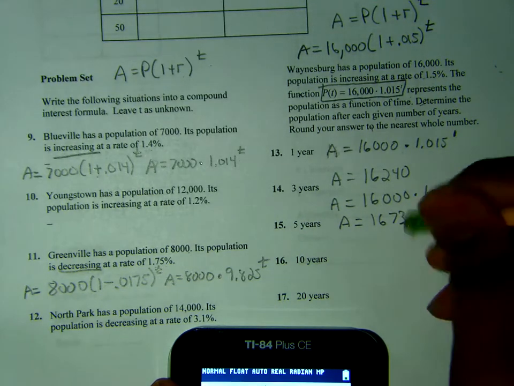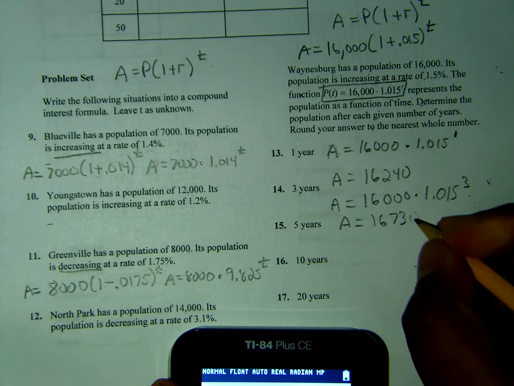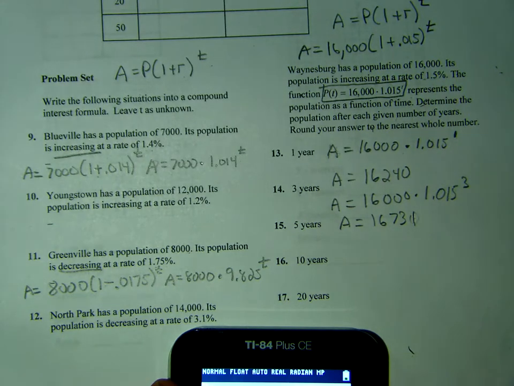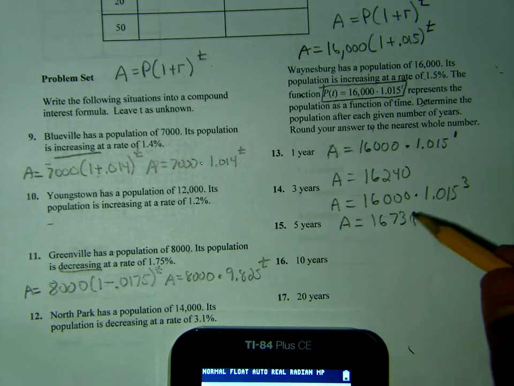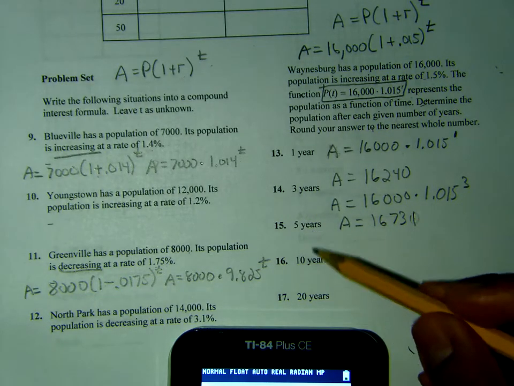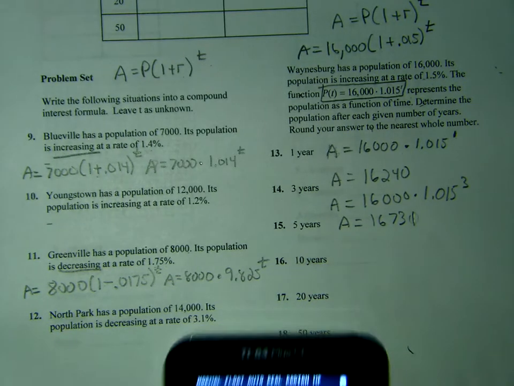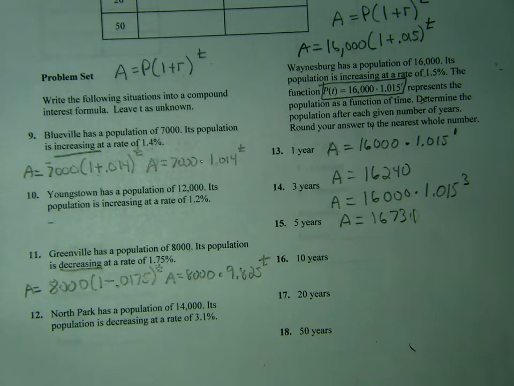Let's just round it up to a whole person. That's about how much you should have in 3 years, and you can take a look to see what it's going to be in 5, 10, 20, and 50 years, and find that exponential growth in that population.